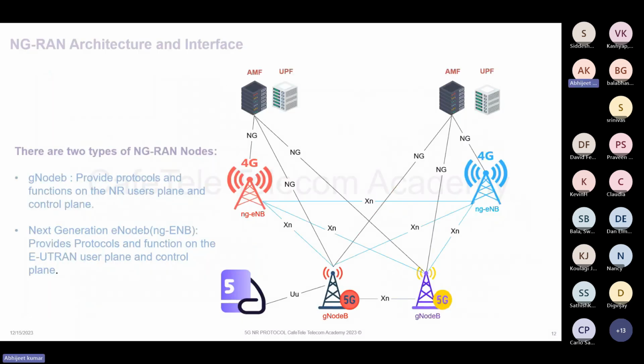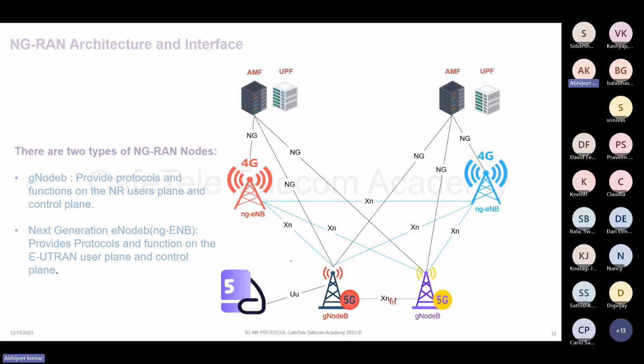Okay. Now we have a beautiful architecture that you can see. This is your NG-RAN architecture. Here you can see that this is a 5G gNodeB, and this is a 5G gNodeB. If this gNodeB wants to communicate with this gNodeB, they have to use the Xn-AP protocol.